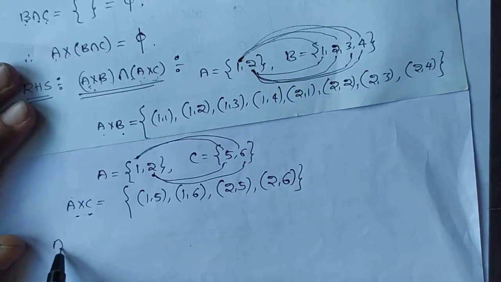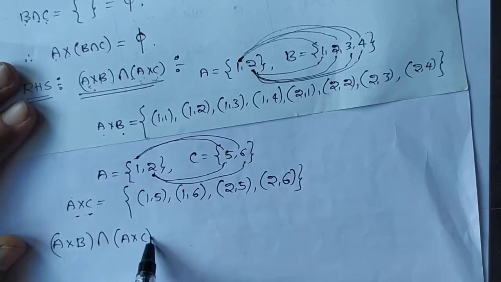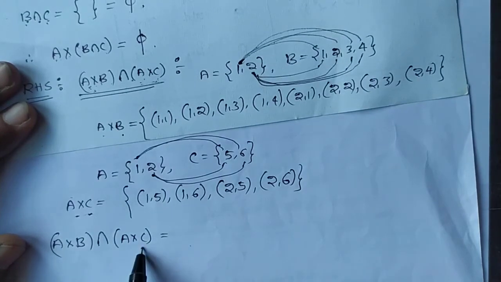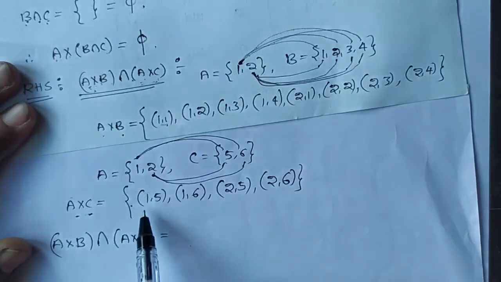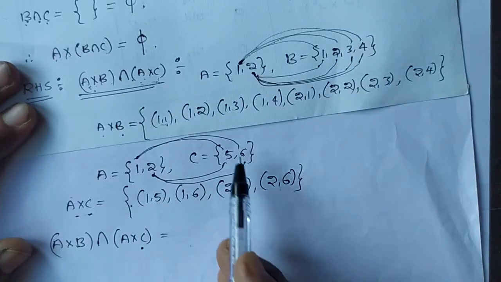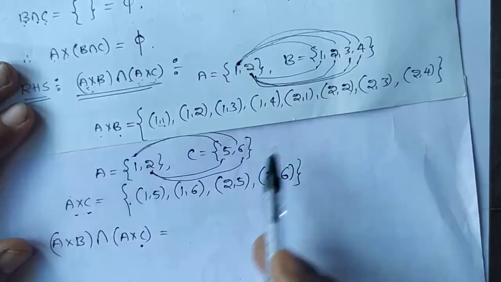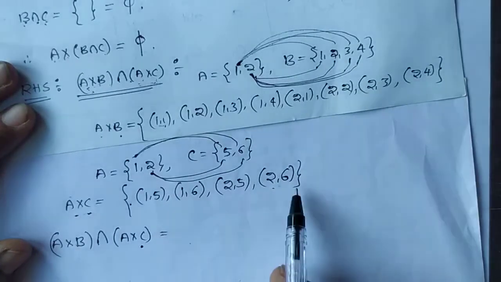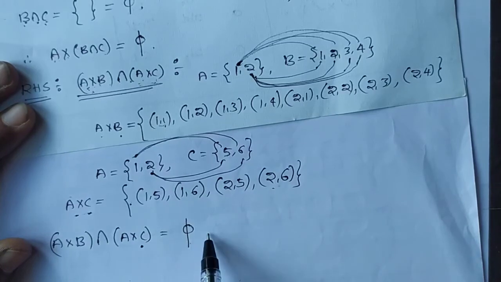A cross B intersection A cross C equals the common elements in A cross B and A cross C. Is there any common element? (1,1), is there (1,1)? No. (1,2)? No. (1,3)? No. (1,4)? No. (2,1)? No. (2,2)? No. (2,3)? No. (2,4)? No. Therefore, A cross B intersection A cross C is also a null set.